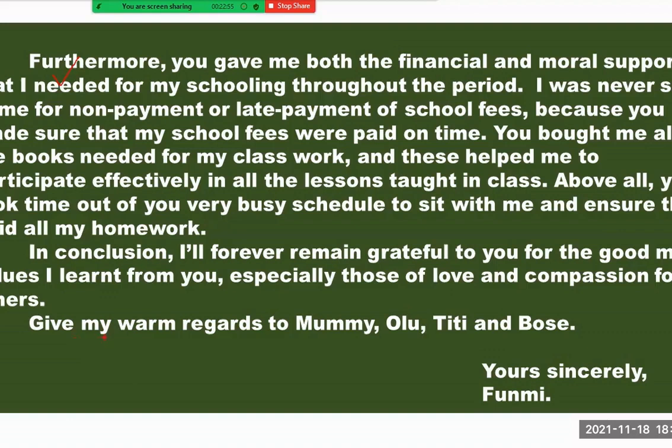For example, give my warm regards to Mommy Olu, Titi, and Bosse. Of course, you could address his wife as your aunt, or you could even say, extend my greetings to your wife and your children.